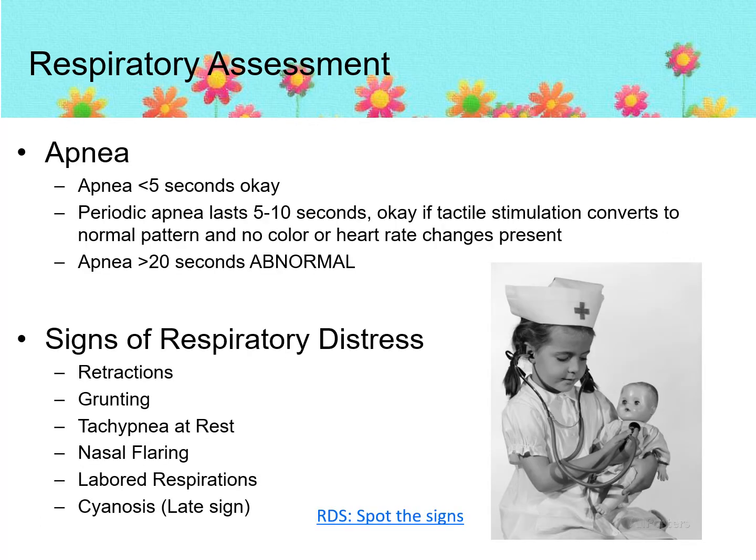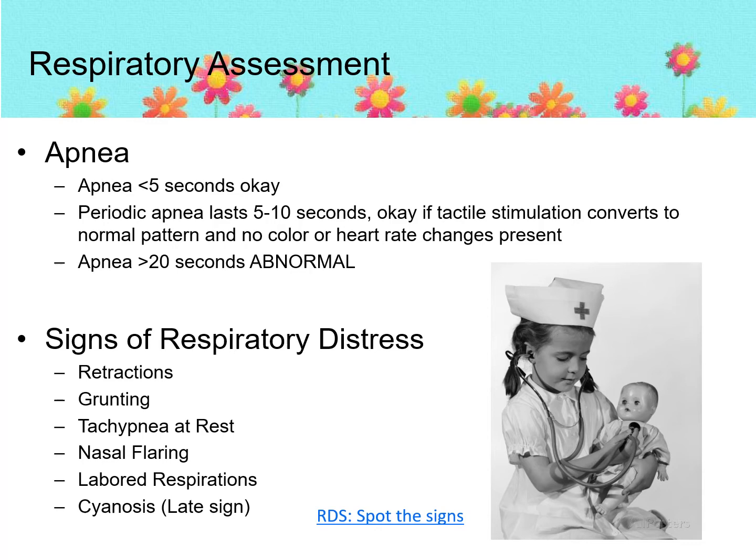As we continue on, babies have apnea. They have little short periods where they physically stop breathing. If the apnea lasts less than 5 seconds, it's totally okay and it's totally normal.